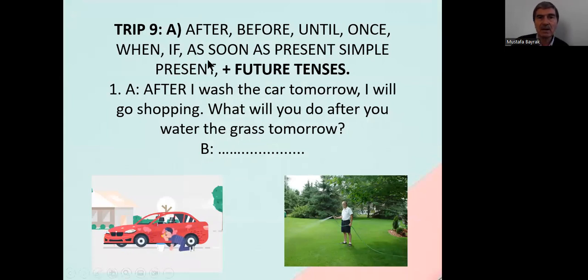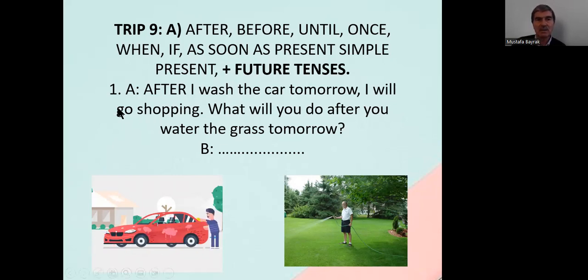Trip 9A. After, before, until, once, when, if, as soon as. Now, on this page, simple present tense. We use simple present tense in the subordinate clause and then future tenses in the main clause.